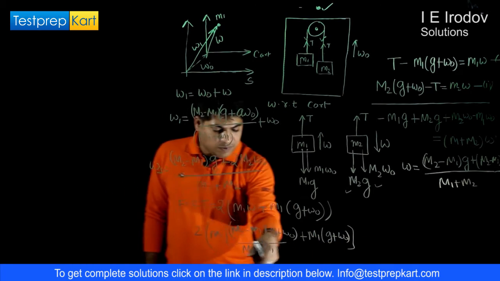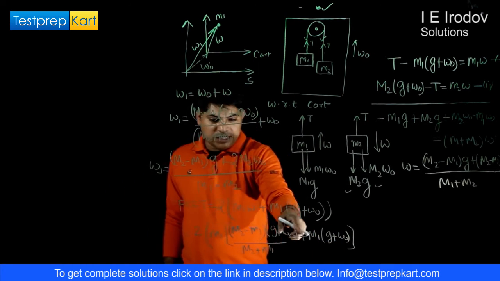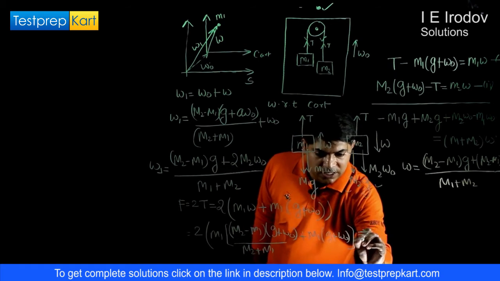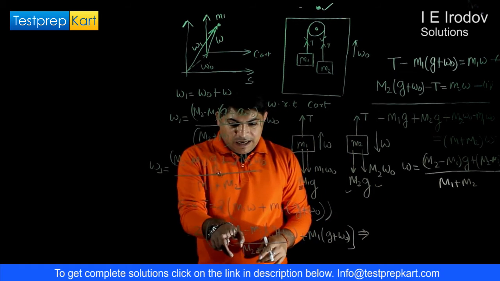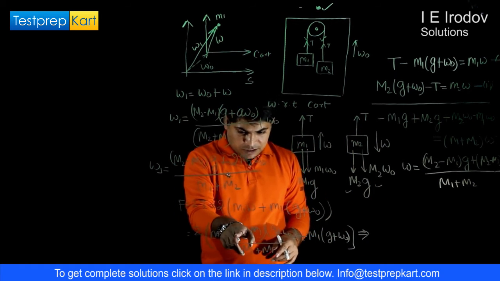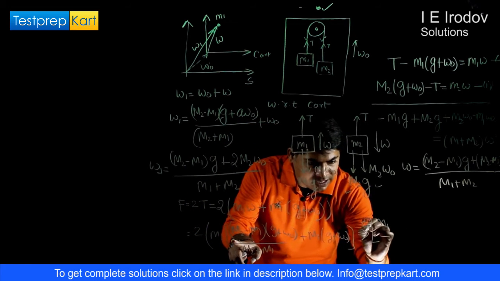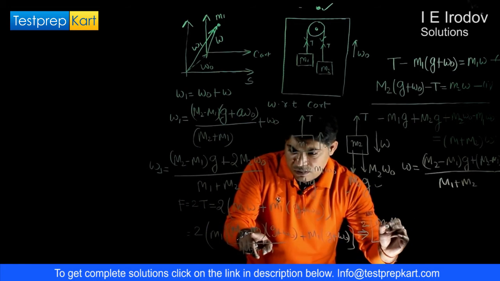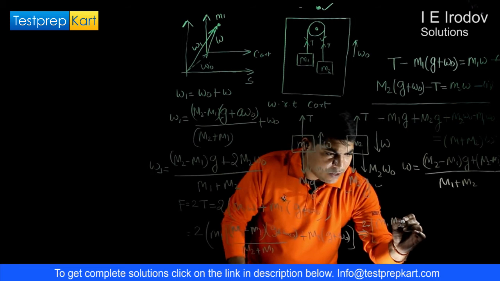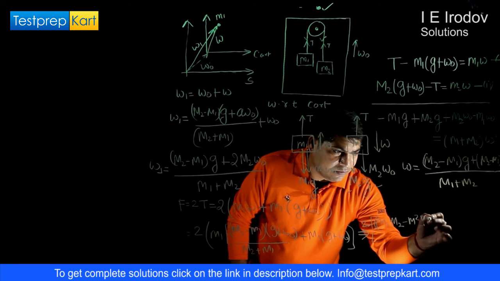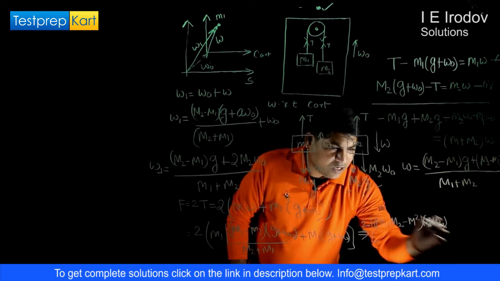So this part gets multiplied on this side, so we need to open this expression. If you open it, then from the very first part we'll get 2 outside, M1 into M2 minus M1 square, and this is (G plus omega naught).